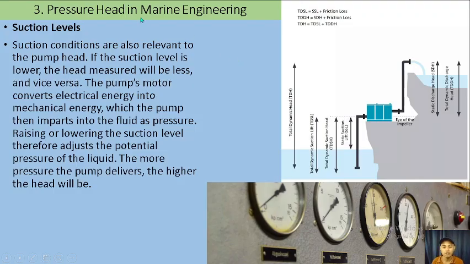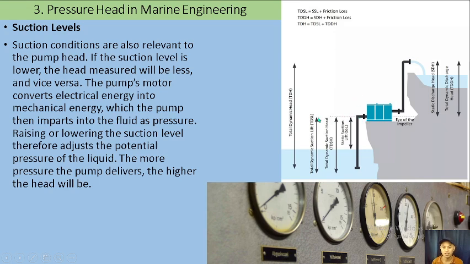Okay, so let's go to how to calculate. We have a suction lift or suction head, which is usually at the suction part of our pump. If this is your pump, the blue one, you have a suction on this side. If your suction is below your pump, you have a negative suction. But if your suction is above your pump, for example there is a tank above your pump, then you have a positive suction.